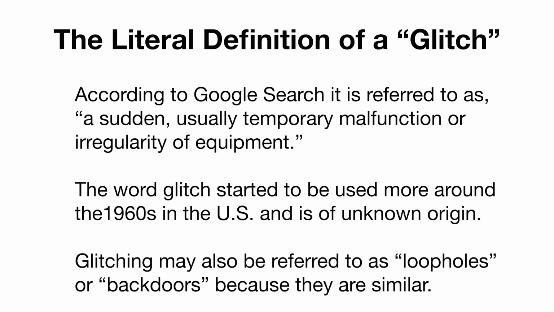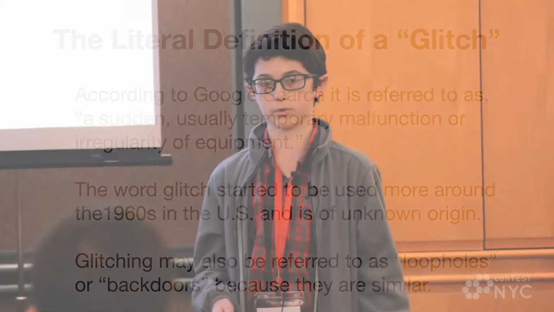It's not meant to happen, and it's an irregularity. Now, the word glitch started to become popular around the 1960s, but is of unknown origin. And some synonyms or similar words to glitches are bugs, loopholes, or backdoors.